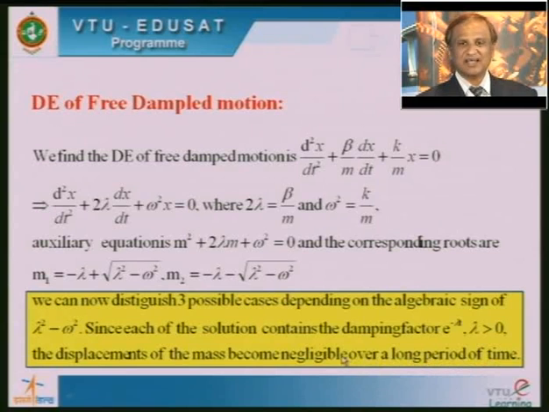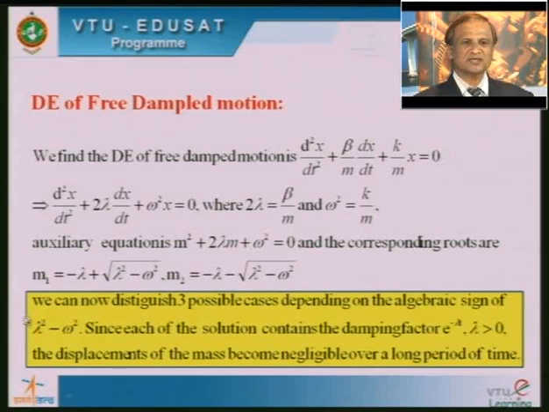It means as t increases, displacement tends to 0, and that depends upon the damping factor, namely e to the power minus lambda t. So lambda is greater than 0, and this depends upon the value of lambda squared minus omega squared.